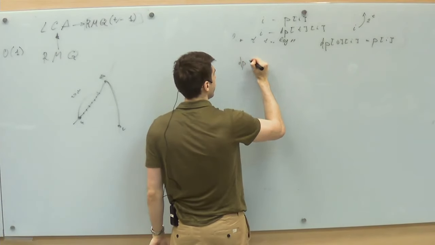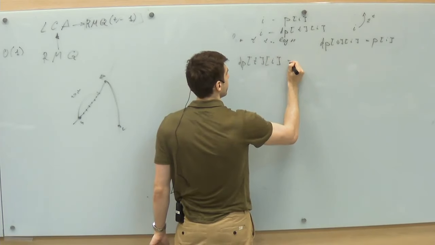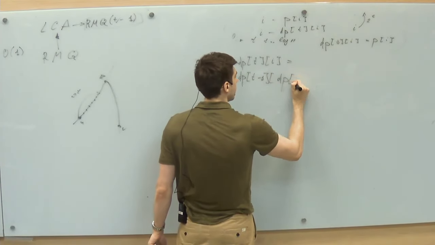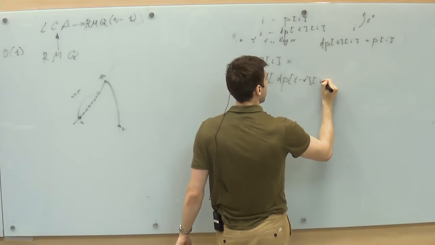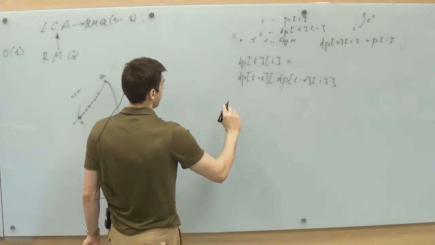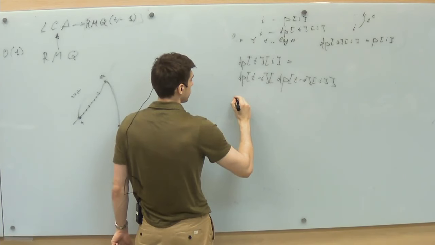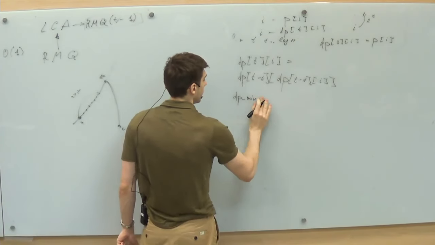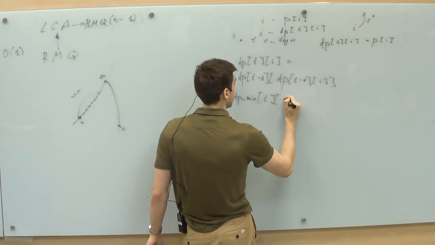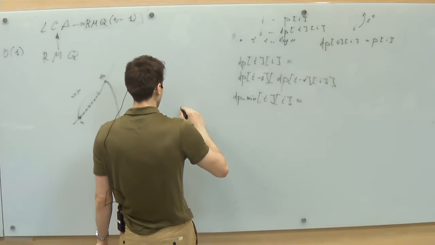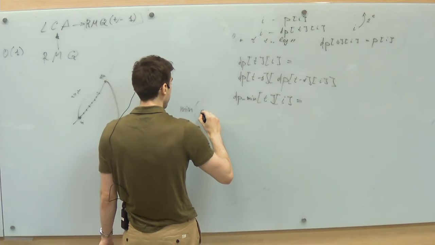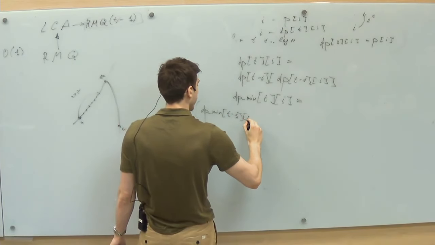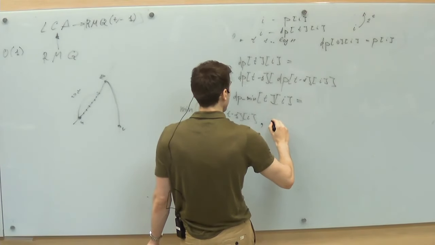I remind you what the formula for the step itself was. The min for a step would be the minimum from the smaller step and the smaller step from the middle.